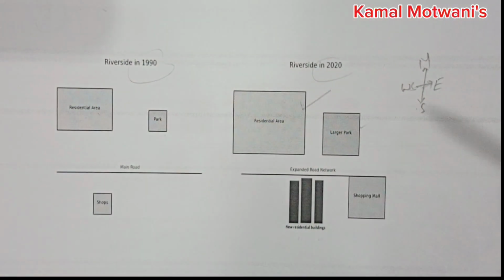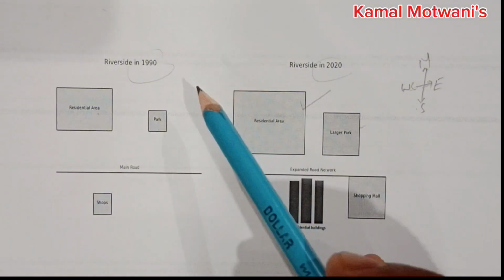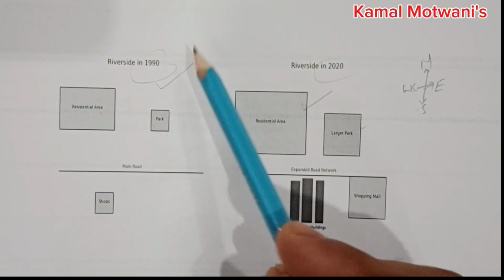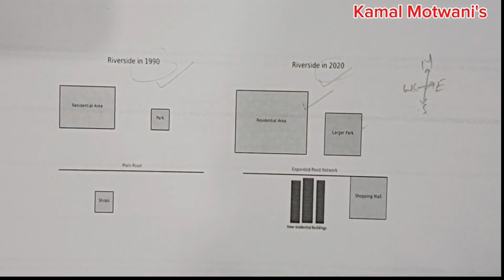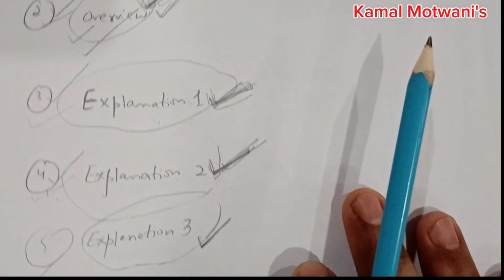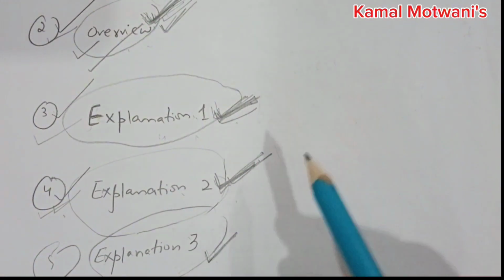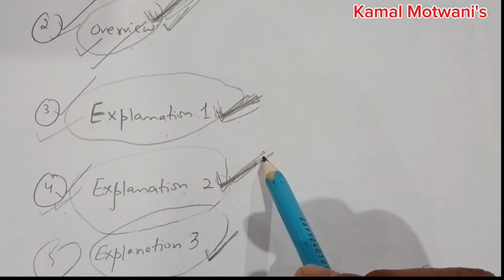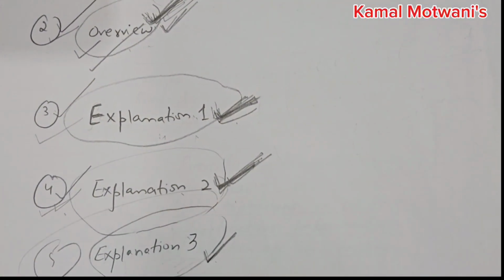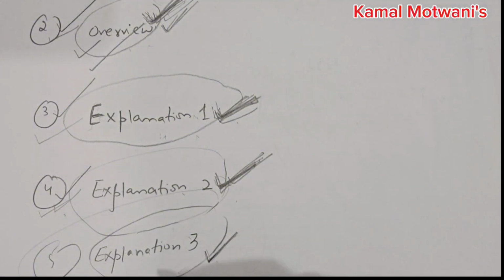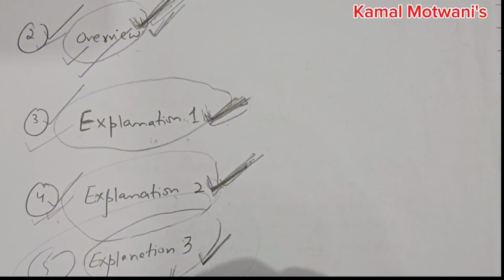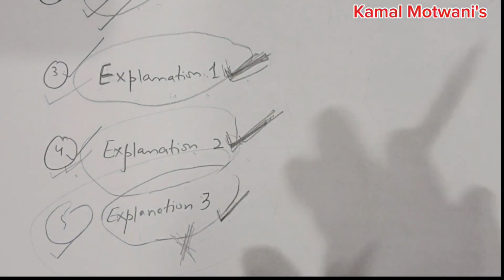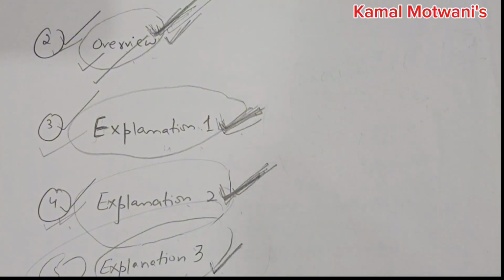So we will write explanation 1 pertaining to Riverside in 1990 and explanation 2 pertaining to Riverside in 2020. So we will write the third paragraph regarding explanation 1 and the fourth paragraph regarding explanation 2. We do not need to write any fifth paragraph or explanation 3, because we have the information only regarding two maps.